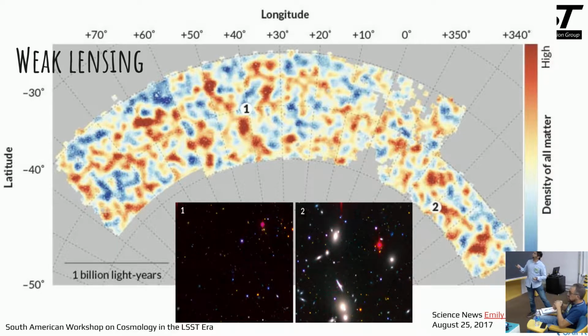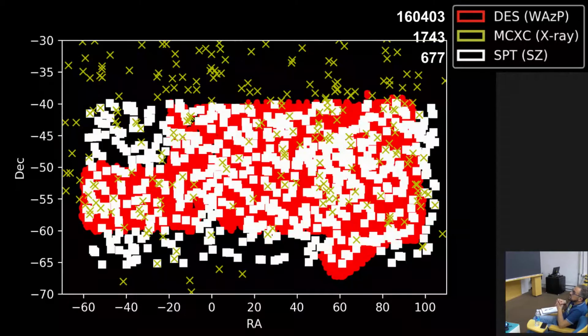If you look at the images of the blue regions, which are underdensities, and the red regions, which are overdensities, you can really see the paucity or the overdensity of galaxies in these regions. So the shear map, this density of matter in the universe, is really awesome for probing the matter density in the universe. All right. Okay, so this is one way.